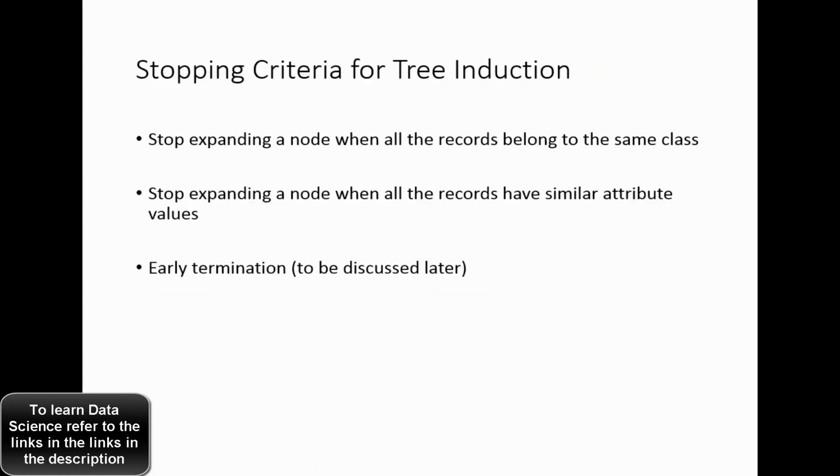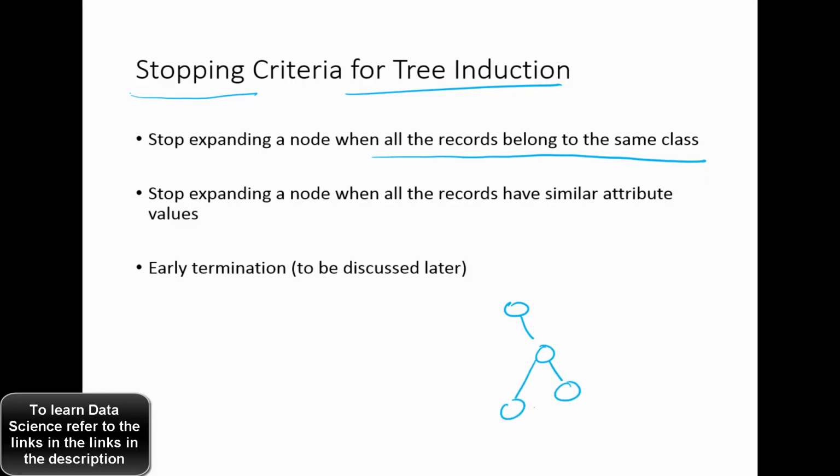So we consider what is known as a stopping criteria for tree induction. So stop expanding a node when all the records belong to the same class. Now you go on classifying, but if these two classes have the same cheat percentage, 5% here, 5.5% here, okay, I'm taking the same example, cheating yes is 5% in this node and 5.5% in this node.